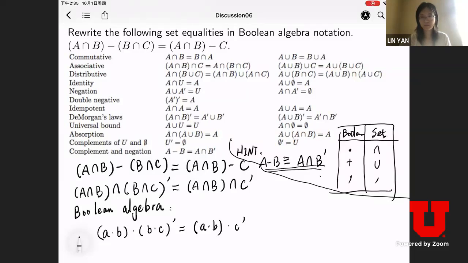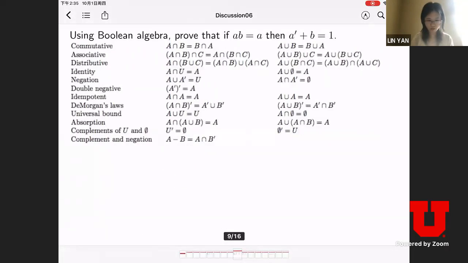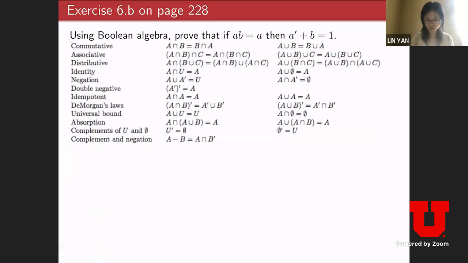Okay, let's go to the next one. Please use the Boolean algebra to prove that if A and B is equal to A, then not A or B is equal to 1.